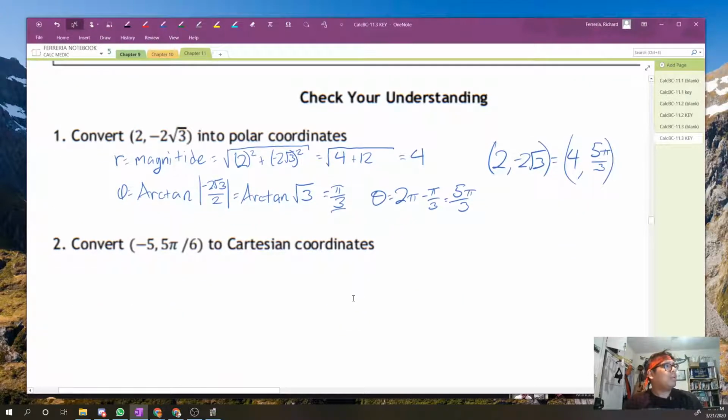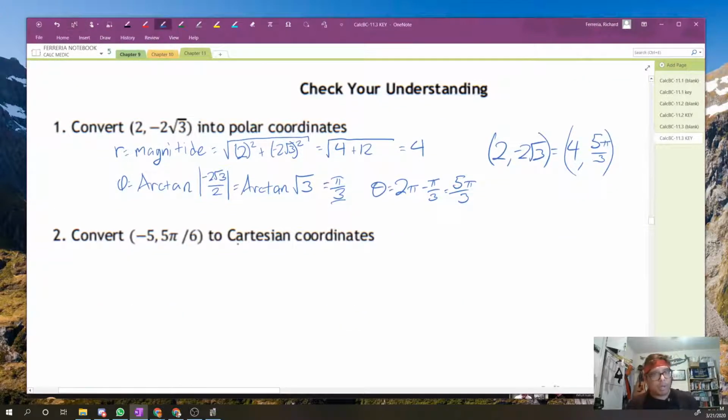Number 2, let's turn this into Cartesian coordinates. X is equal to r cosine theta, which is equal to negative 5 multiplied by the cosine of 5 pi on 6. What is the cosine of 5 pi over 6? I think that is negative root 3 over 2.